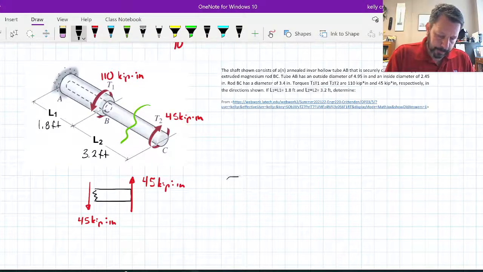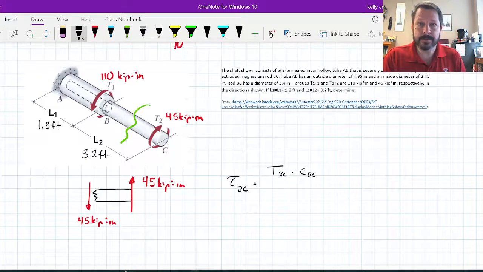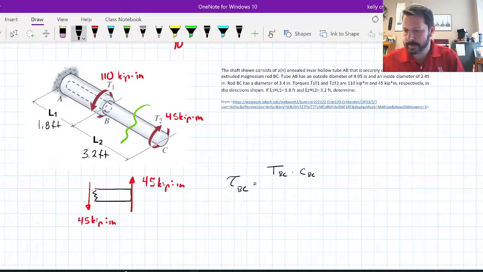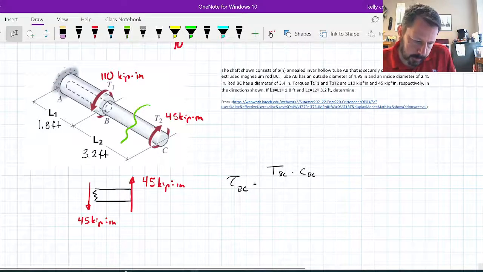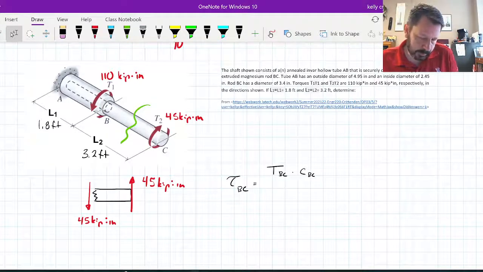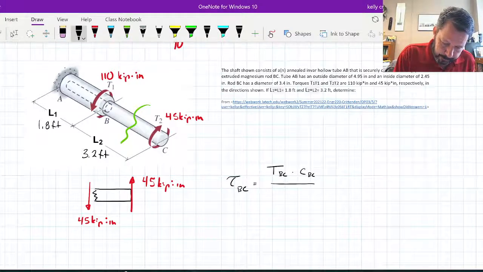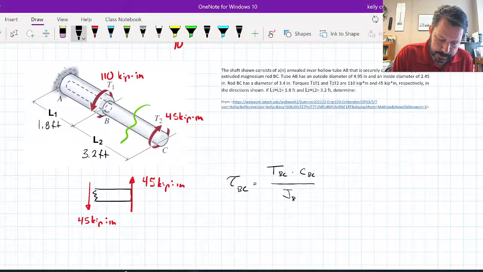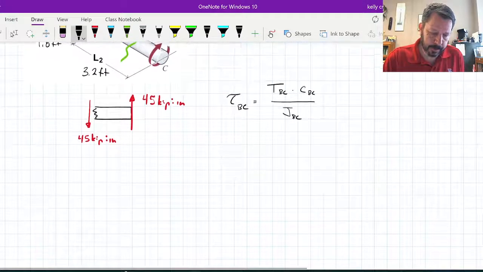My equation, tau in BC, equals the torque in section BC times the outer radius of section BC, if I want the maximum, over J for section BC. It doesn't specify maximum, but that's what it means. So let's put in the stuff we know.